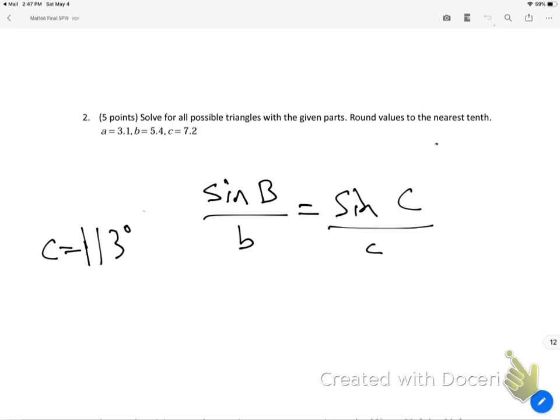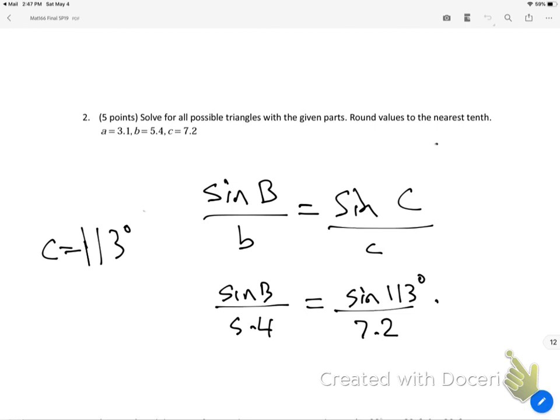So we know what B is, it's 5.4. We know what C is, it's 7.2. We know the angle of C, the sine of 113 degrees. If we are looking for sine B, we're going to multiply both sides by 5.4 to get rid of that.